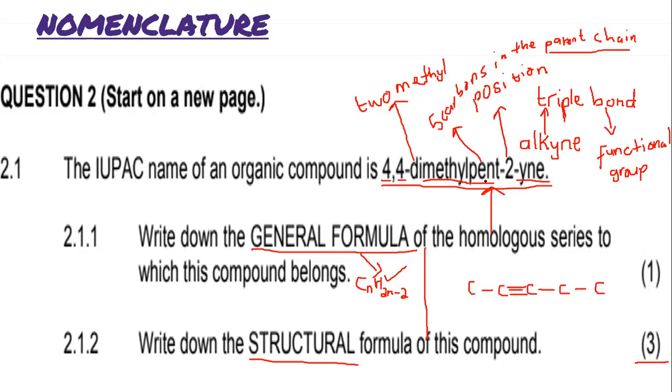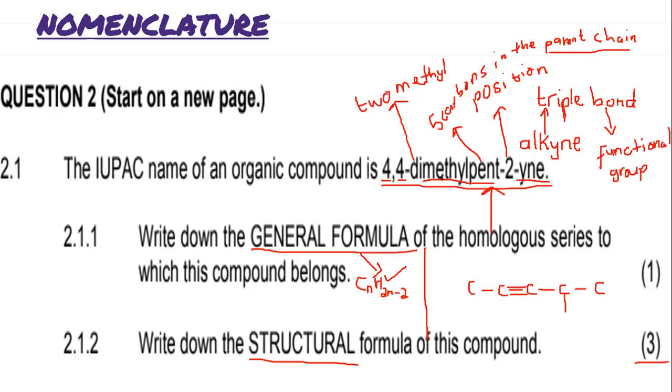So now you are happy with the pent, 5 carbons, yne, triple bond on carbon number 2. Then you go to your substituents. Your substituent is a methyl on carbon 4 and another methyl on carbon 4 because it's dimethyl. So on carbon 4, I'm going to put a methyl.